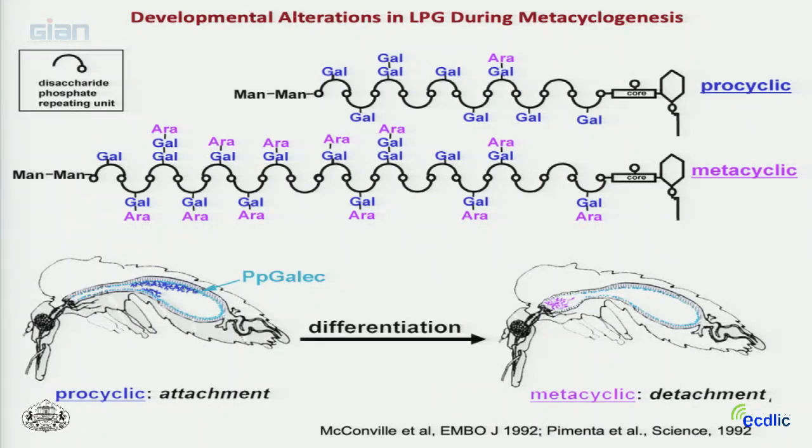So this beautiful stage-specific modification in these side chain oligosaccharides permits these parasites to detach from the gut wall and migrate to the anterior regions of the gut.